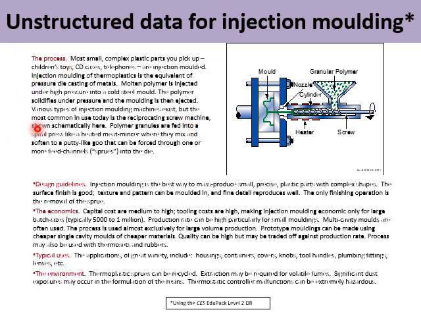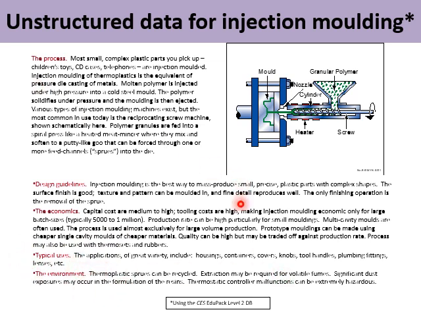The process description is over here, for the application and so on, design guidelines, and then the economics. For example, tooling costs are high, so injection molding is economic for a large batch size, for example from 5,000 to 1 million. And then you have a typical use and then the environment and so on.